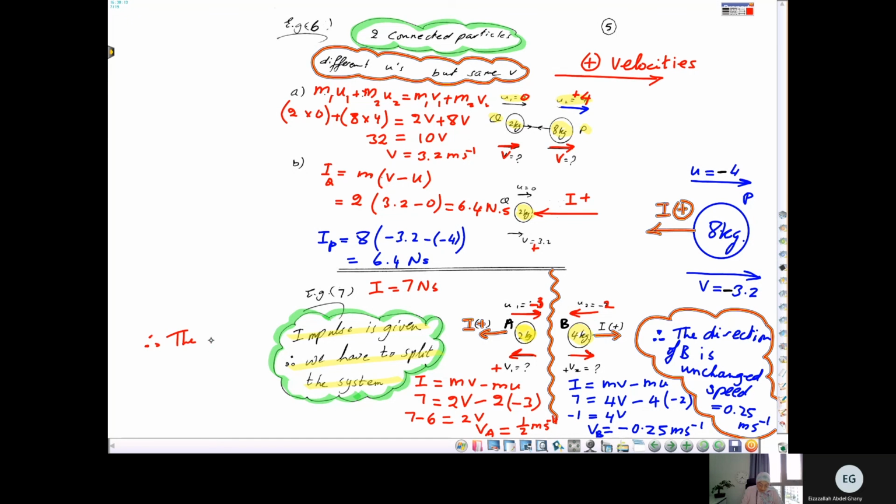The direction of A is reversed and its speed is half meter per second.